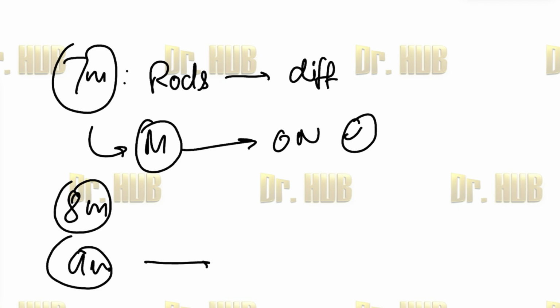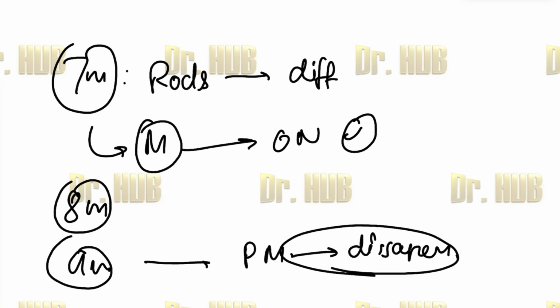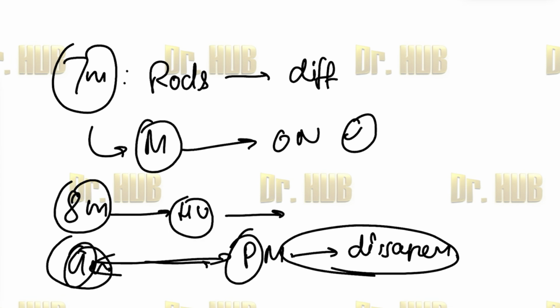Let's discuss the 9th month first. In the 9th month, the pupillary membrane (PM) disappears. So P9, for P, is a mirror image. In the 9th month the pupillary membrane disappears. In the 8th month, the hyaloid vessels disappear.